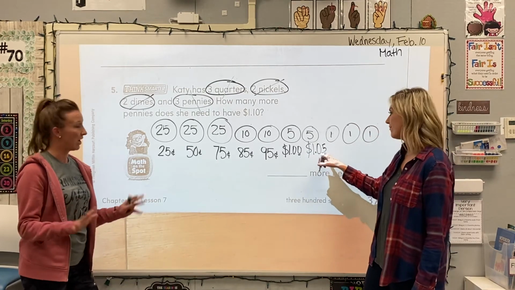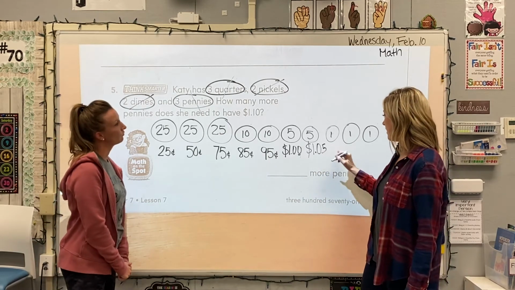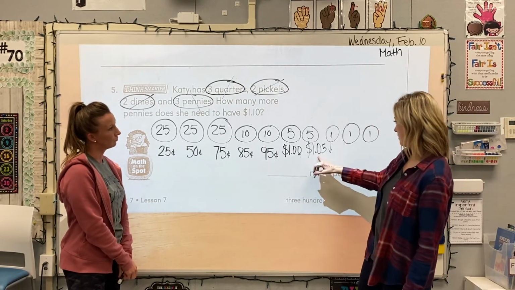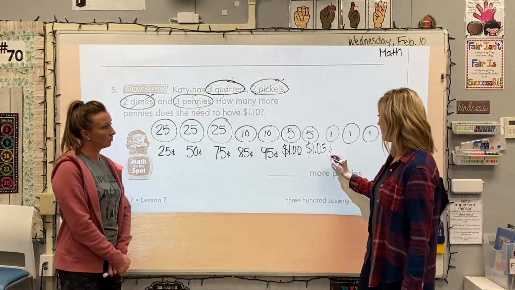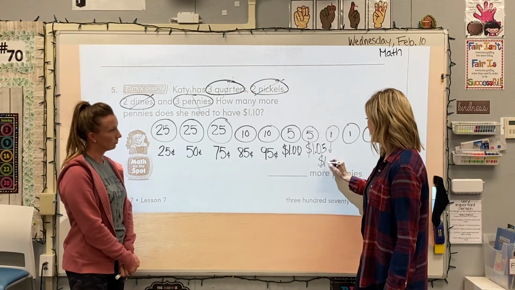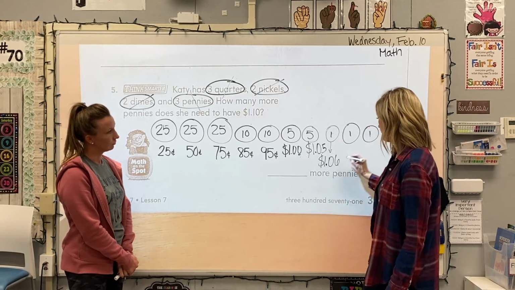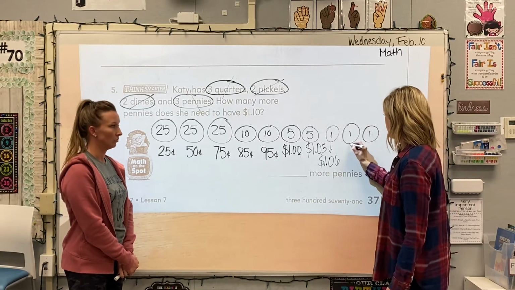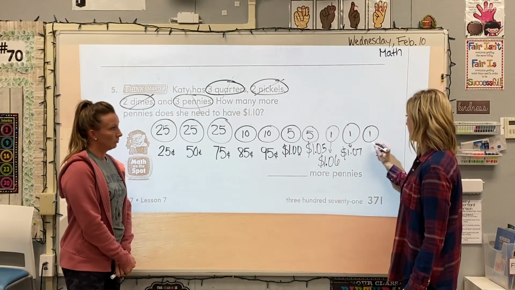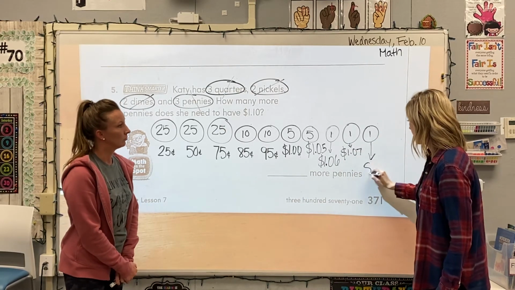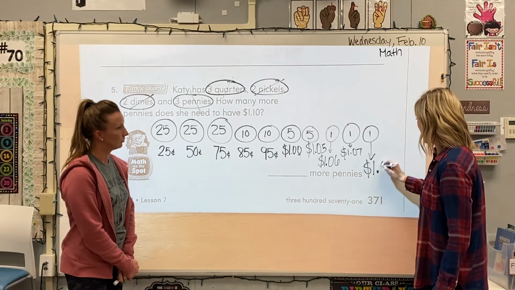That's too much. 5 cents. Okay, then I'm gonna shoot this down a little bit because I'm getting really close here. So $1.05 plus 1 cent is $1.06, plus 1 more cent is $1.07, and then my last one is $1.08.